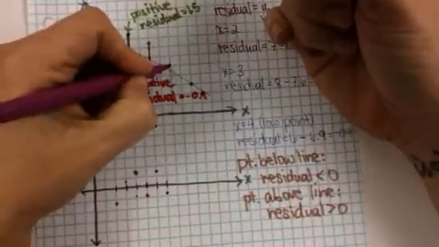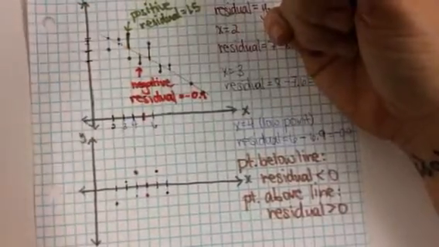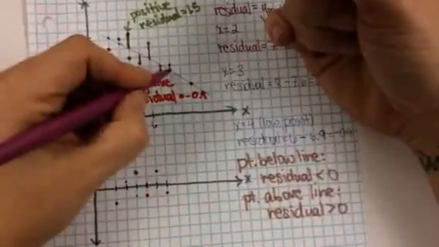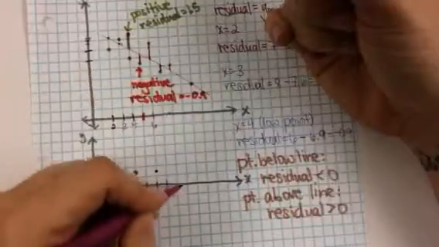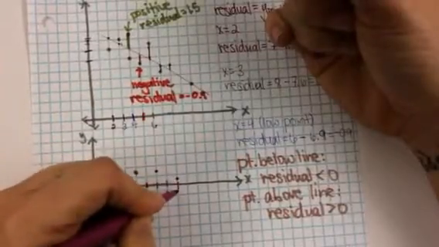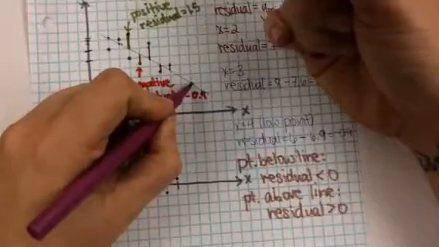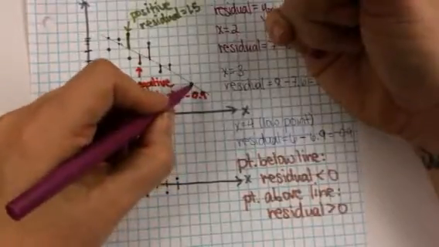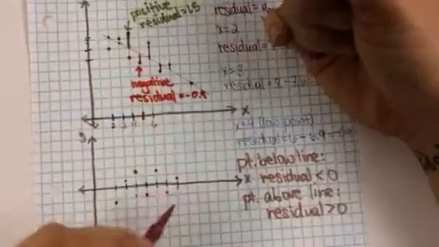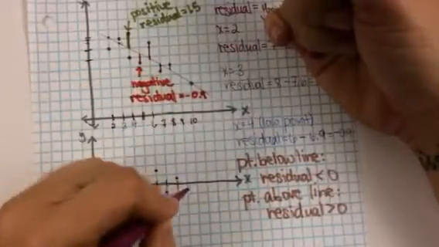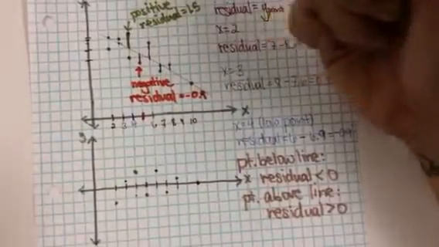And then I've got this guy that just looks like it's about half a unit above the y-axis. And it's above, so that makes it a positive. So positive 0.5, not negative 0.5. And then this guy is 0, right? That is on the line. So the distance from the line is 0. There's nothing for, what is this? 7, 8. There's nothing for x equals 9, but for x equals 10, the residual value is 0.